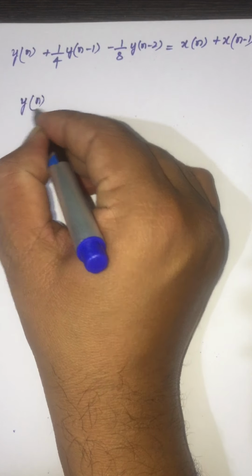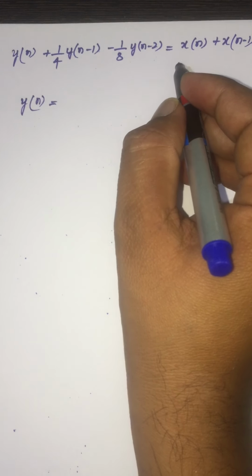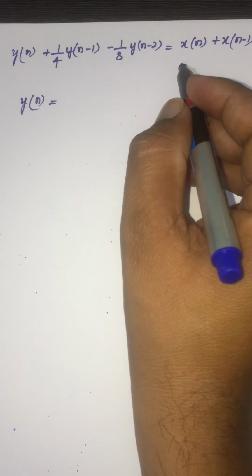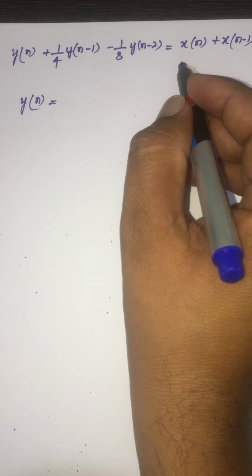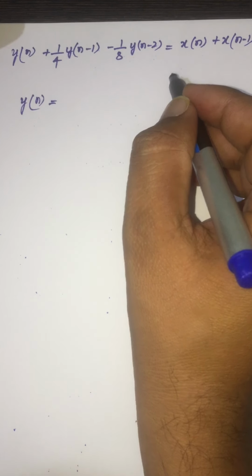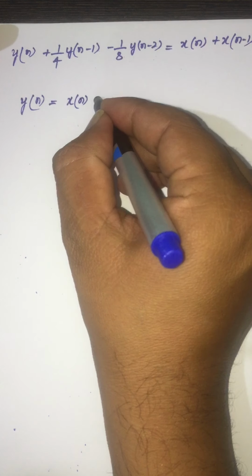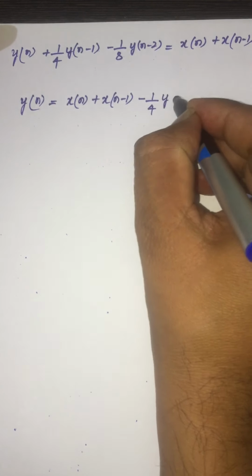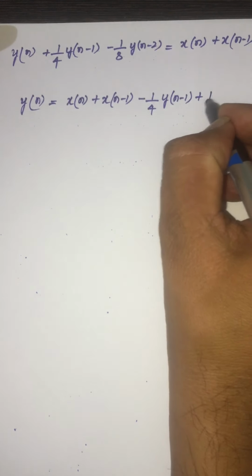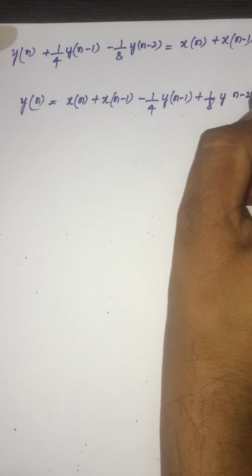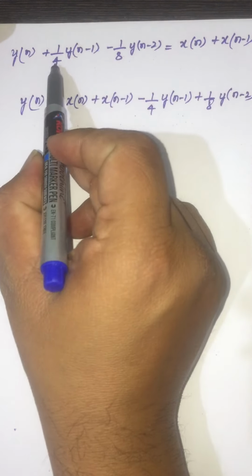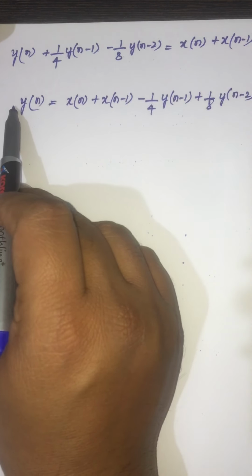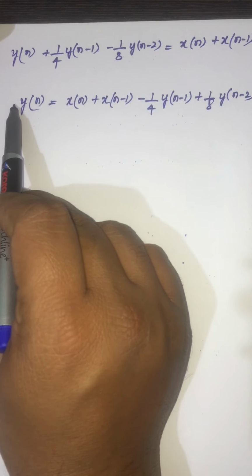Therefore, y of n is equal to, upon moving all the other parameters towards the right side of the equation, x of n plus x of n minus 1 minus 1 by 4 y of n minus 1 plus 1 by 8 y of n minus 2. Hope it is clear. We have simply moved the other parameters other than y of n to the RHS. Therefore, this is the equation and the coefficient is 1. You should make sure that the coefficient is 1 in this equation.